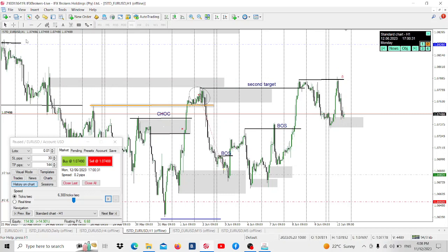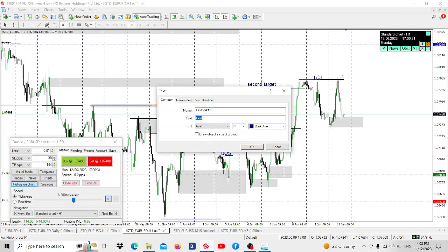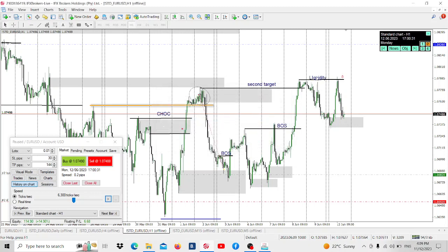That's why we call it liquidity. It's people who put money into the market, but they're uninformed money.